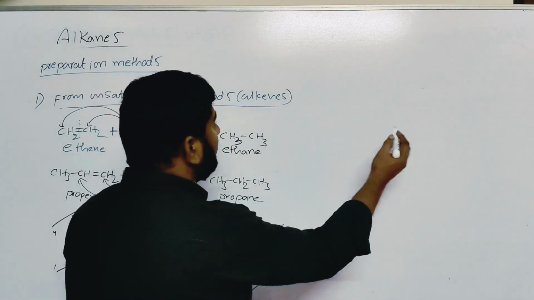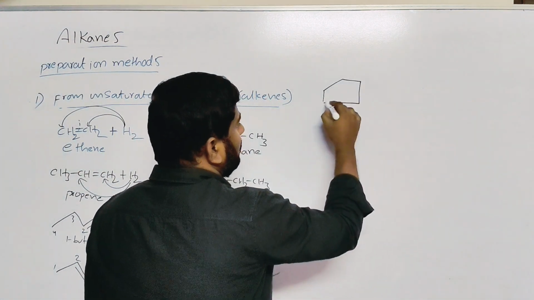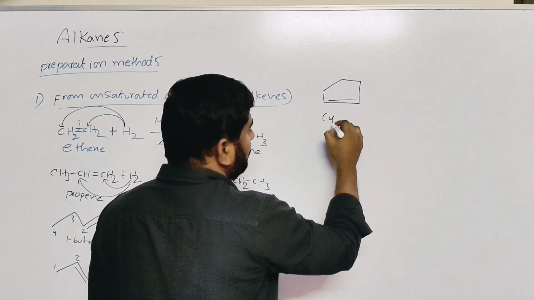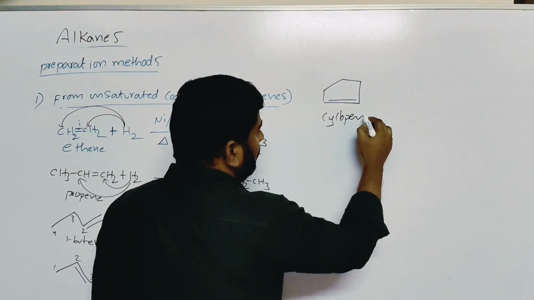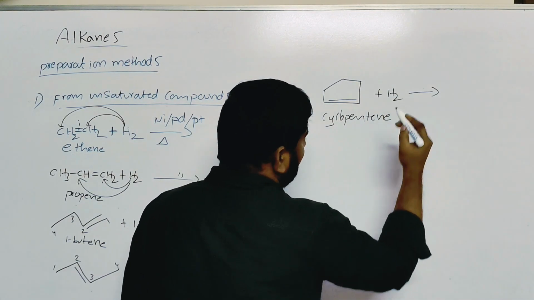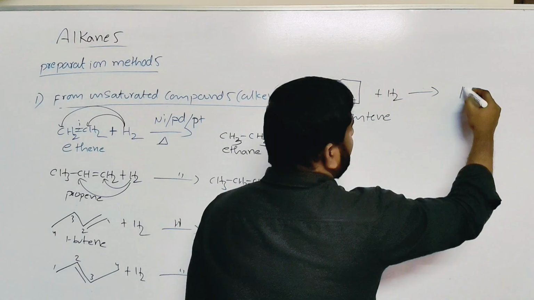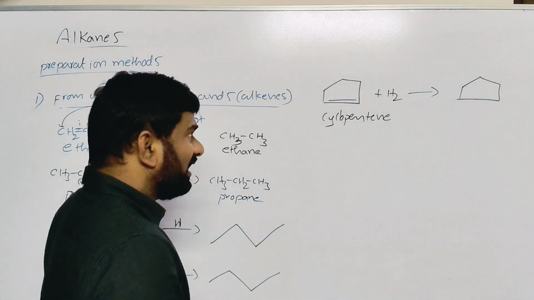Next, if you take cyclic compounds, like cyclopentene, this is also on hydrogenation. Here we are adding hydrogens.